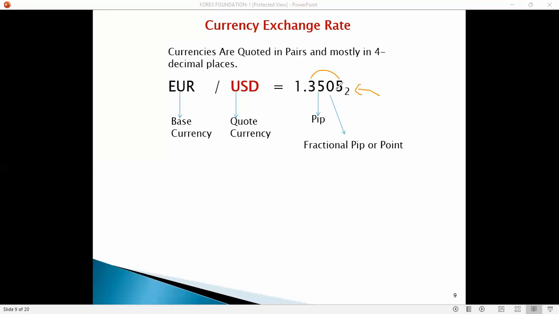Let's say euro is going up. Euro is appreciating against the US dollar. So the pip is going to move from 5 to 6, 6 to 7, to 8, until 10. Once this one changes from 9 to 10, this one is going to turn to 1.